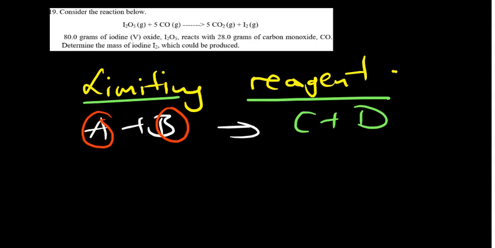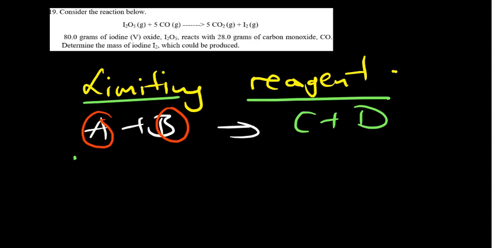Of course, you may have the same masses reacting, but that doesn't mean they are going to finish at the same time. There are some things that affect that. So the reagent or reactant that finishes before the other one finishes is what we call what?